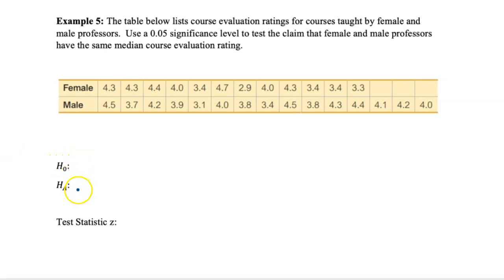Looking at my null and alternative hypotheses, my null hypothesis is one of equality: the median ratings are equal.